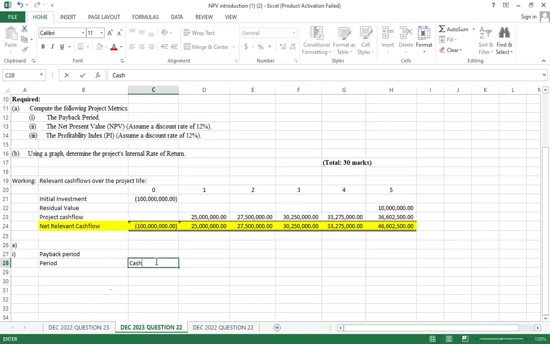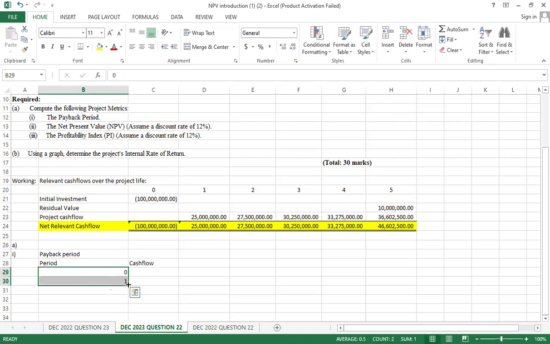Now, our cash flows, the ones we have summarized, we have period 0, followed by period 1, all the way to period 5. I just want to summarize these cash flows again.